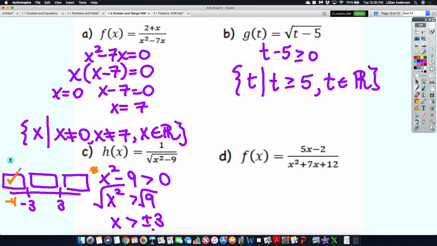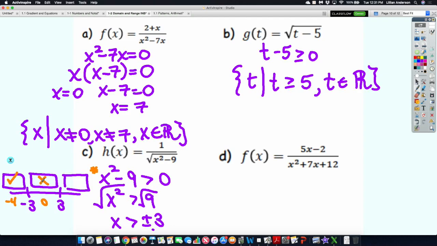Okay? Let's test the middle region. What's in between -3 and 3? 2. What's an easier number? 0. 0 is always easier. Still, plug it back into the restriction that we created. 0 squared minus 9 is -9. Is -9 greater than 0? No. So that means that any number that lies in between -3 and 3 is not going to work. It's going to either give you a negative under the radical, or it's going to give you 0 in the denominator.